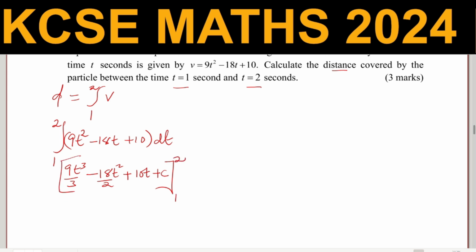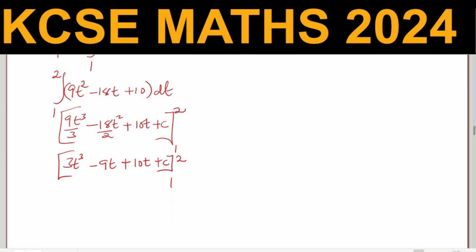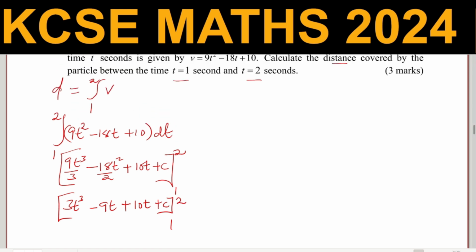So let me simplify whatever is said here. This will give 9 divided by 3, this will give 3t cubed minus 9t squared plus 10t. Then plus the constant of integration, like that, from 1 to 2. So the next thing we're going to do is simply to substitute.